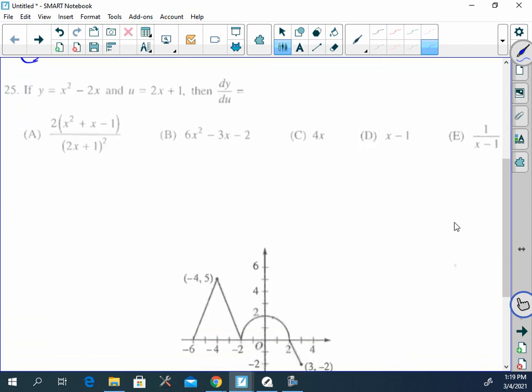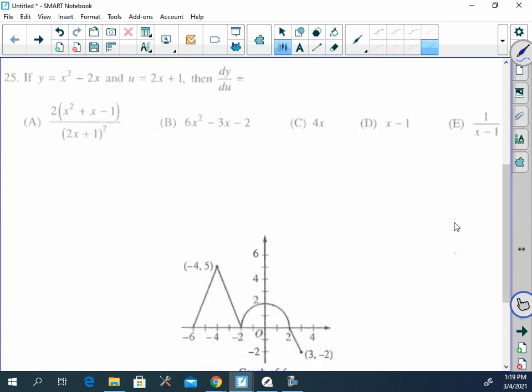Okay, if we're looking at 25, there's two ways to do 25. There's an easy way, which we haven't learned, and then there's a more difficult way, which is how I'm going to show you right now. After this test, I can show you an easier way. Right now we're trying to find dy du, which means we're taking the derivative of y with respect to u.